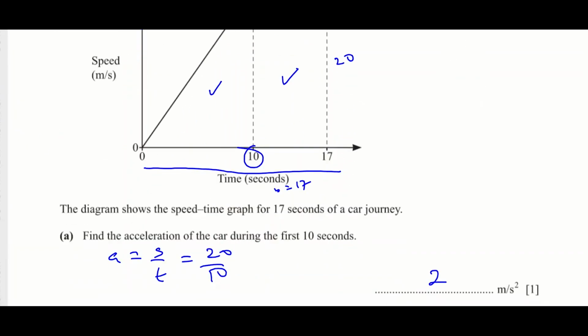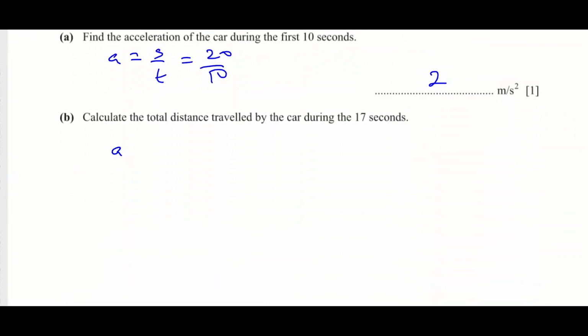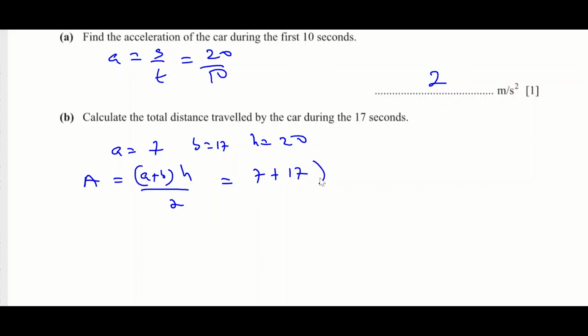So A is equal to 7, B is equal to 17, and H is equal to 20. So using the formula, area is equal to A add B multiplied by H, everything divided by 2. This will be equal to 7 add 17 multiplied by 20, everything over 2.